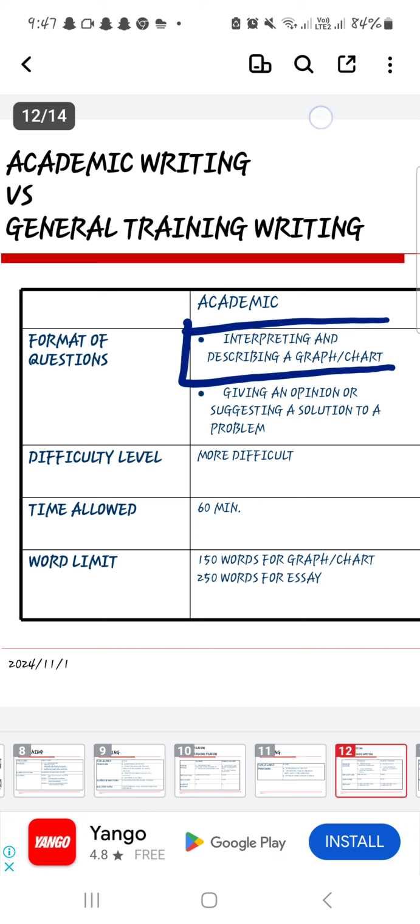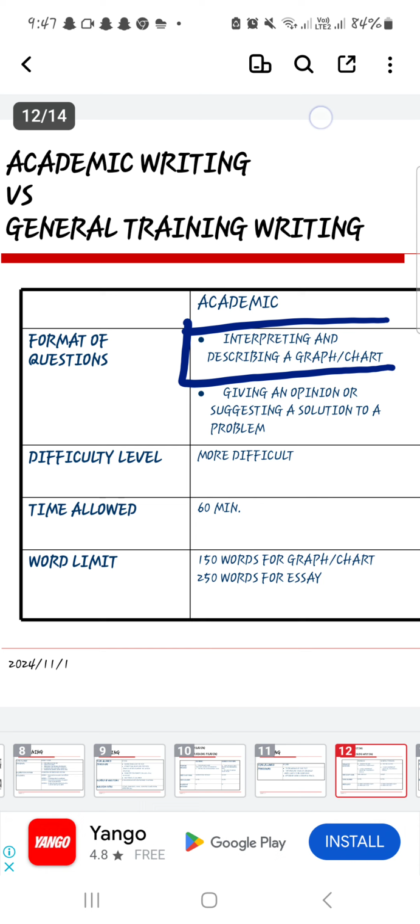So just imagine that within 1 hour you have to write 150 plus 250, that makes 400 words. And that only comes with practice, not just 400, 400 plus. If you manage the time, then it's easy, it's not difficult. By reading the question statement, there will be no choice, neither in part 1 nor in part 2.